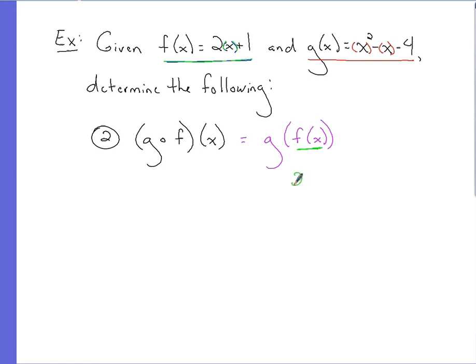So 2x plus 1, I substitute in the place of f of x, and I appreciate that I still have to apply this function g overall. Now that I'm ready to apply that function g overall, I'm going to take this 2x plus 1 and input it into the function g wherever I see an x.